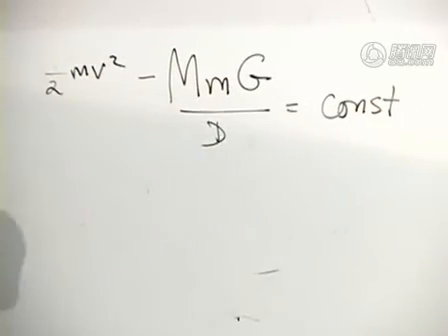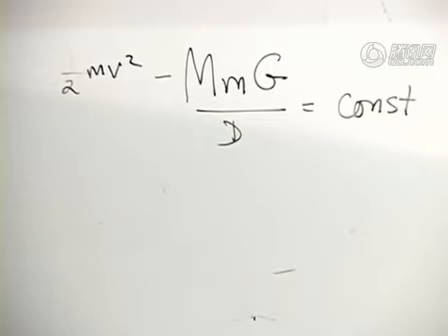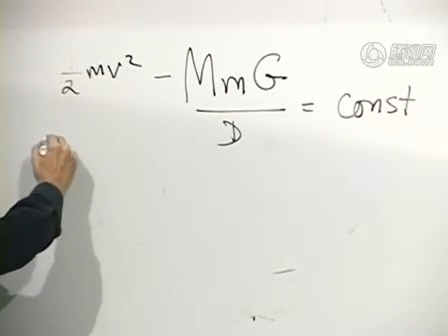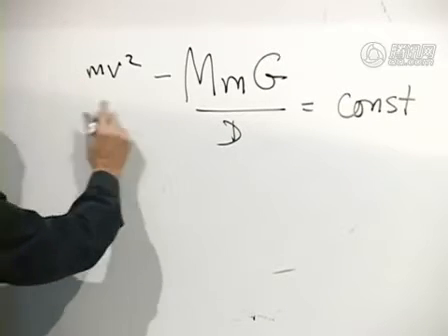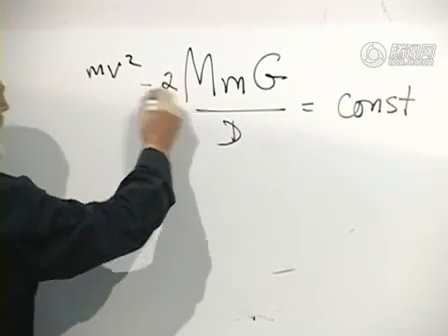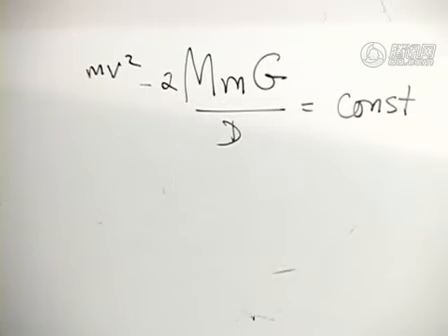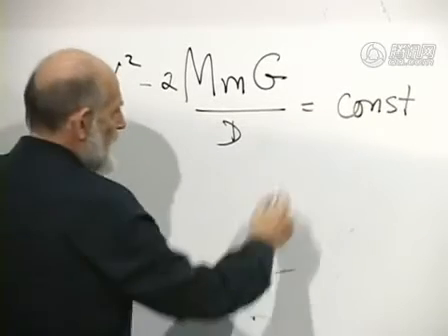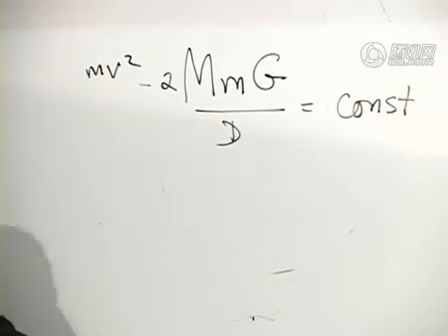All right, just to save some steps later, let's multiply this equation by 2. And it just becomes m v squared minus 2 M little m G over d is equal to twice a constant, but twice a constant is just another constant.